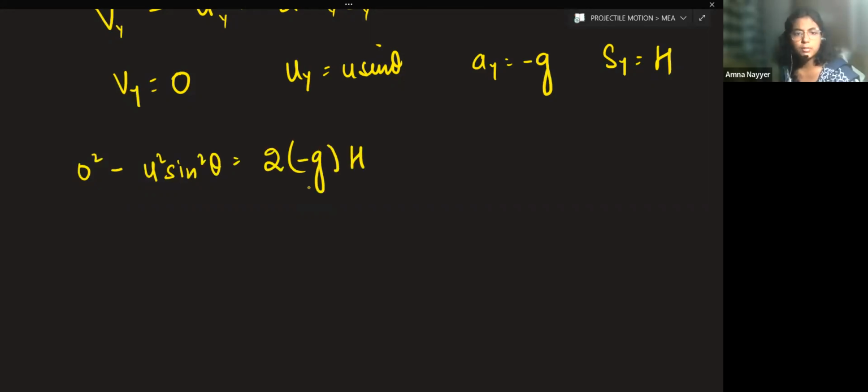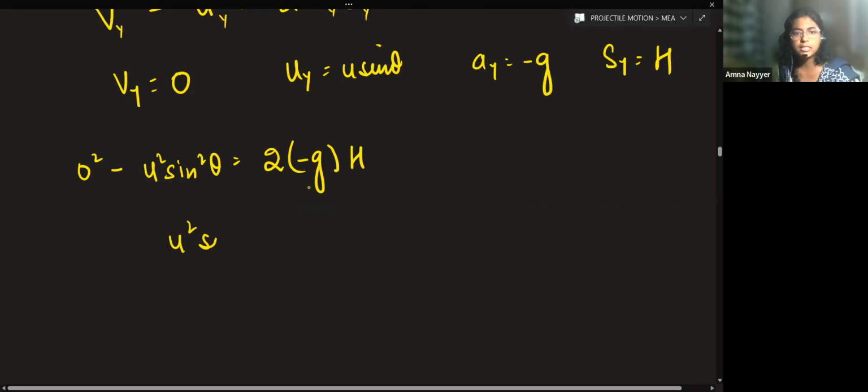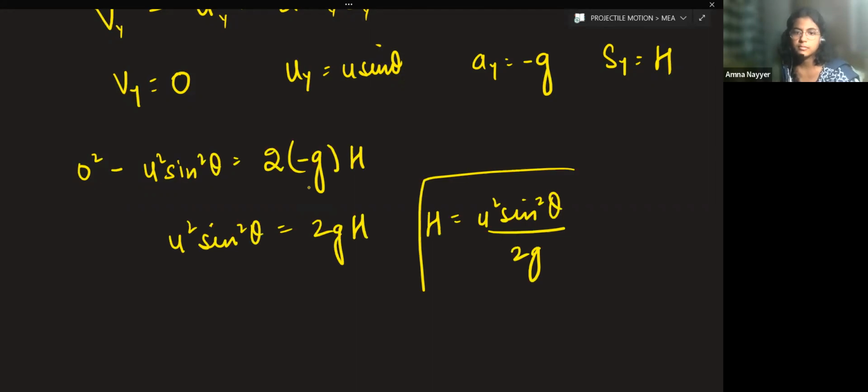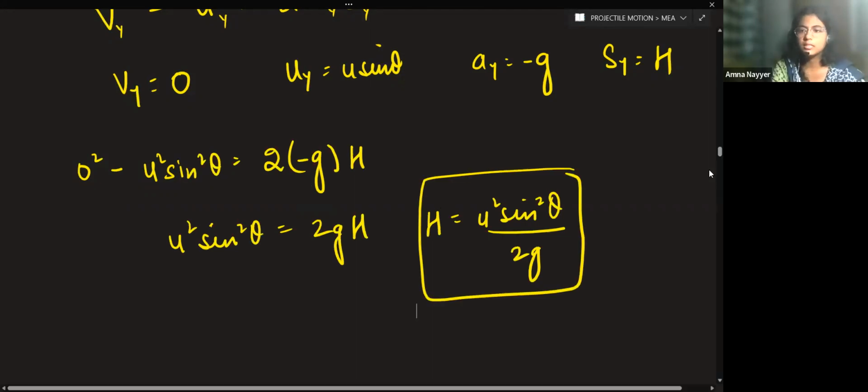So minus minus will get cancelled. U square sine square theta is equal to 2gh. Formula of height is u square sine square theta divided by 2g. Got it?